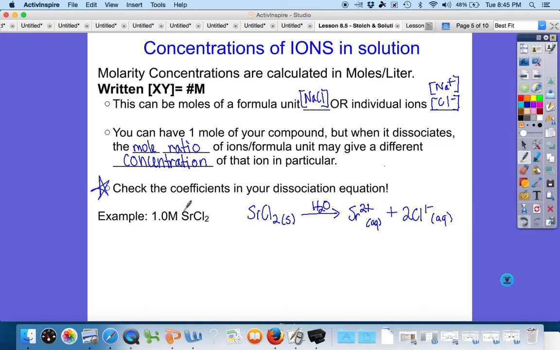So here we have 1 molar strontium chloride. If no volume is given, you can assume 1 liter.